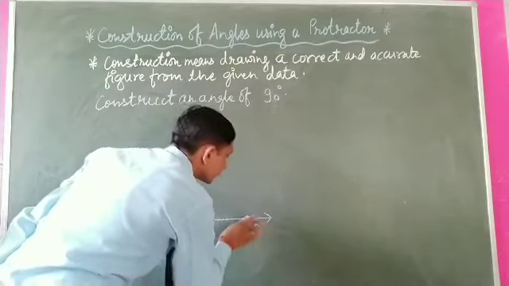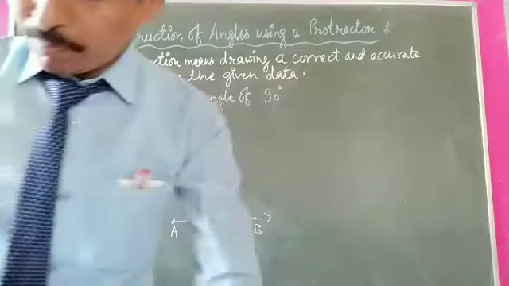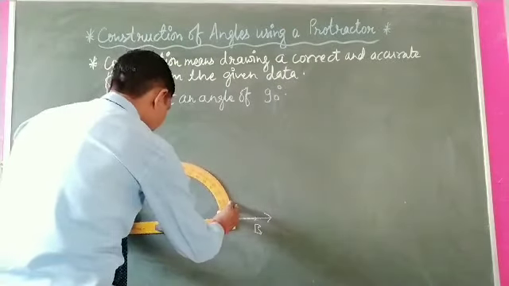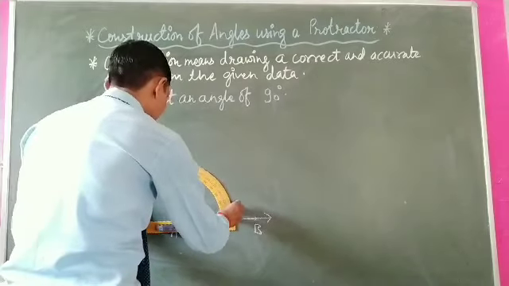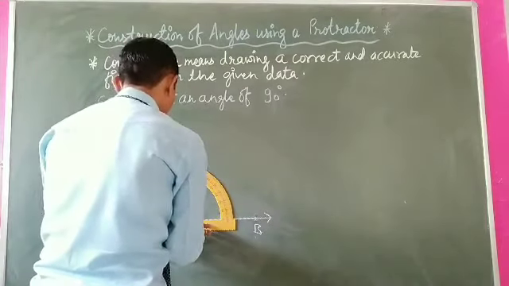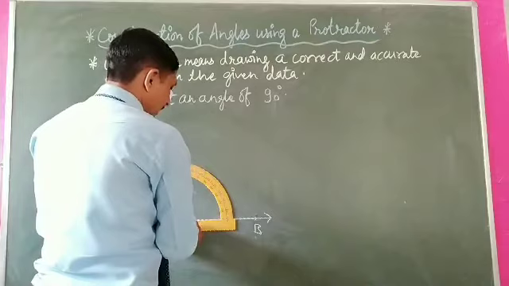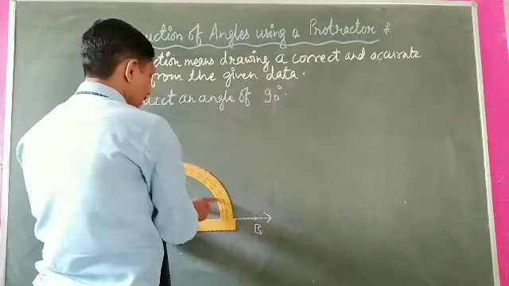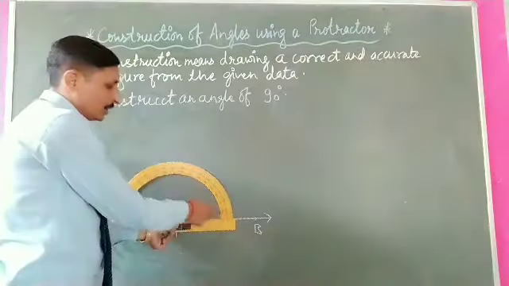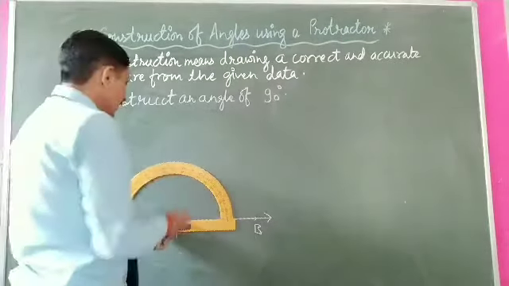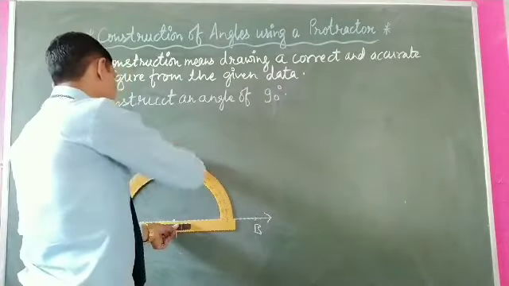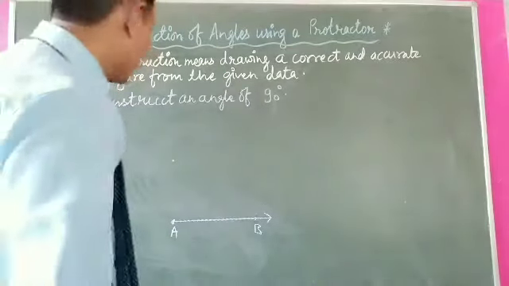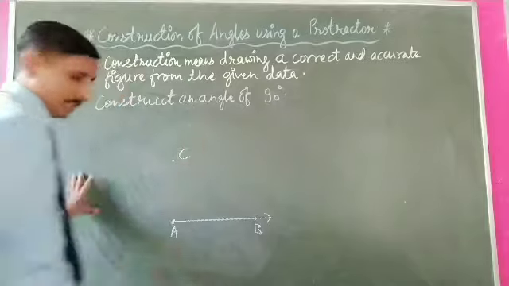Now place the protractor with its center at A and along the baseline AB. Then read from 0 to 90 degrees on the inner scale, and mark a point at 90 degrees, C.